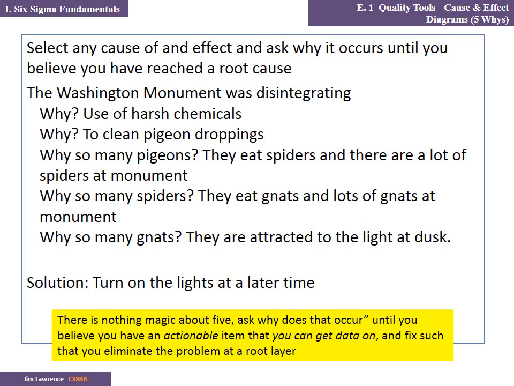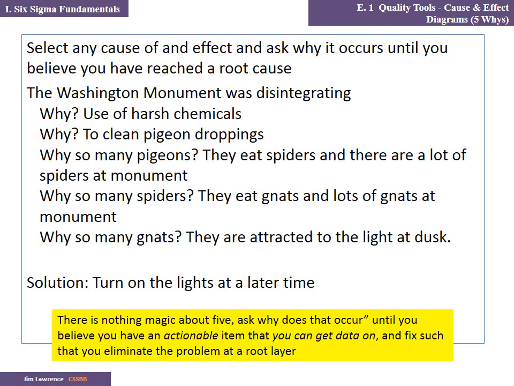They're attracted to the light at dusk. So if you turn on the lights at a later time, it will help mitigate the problem. And I believe this is a factual case of one thing they did do to help the monument.